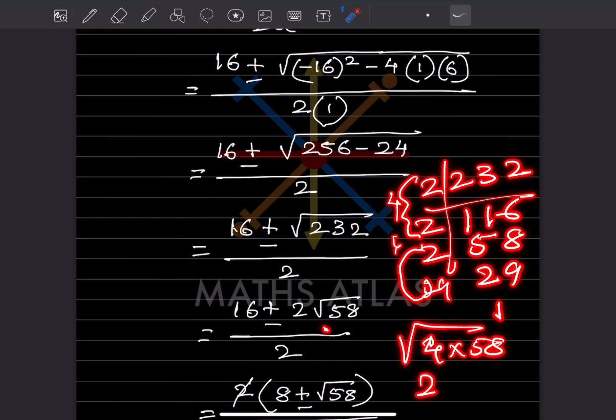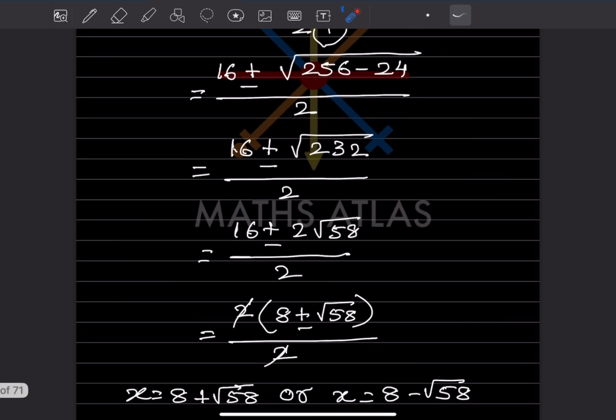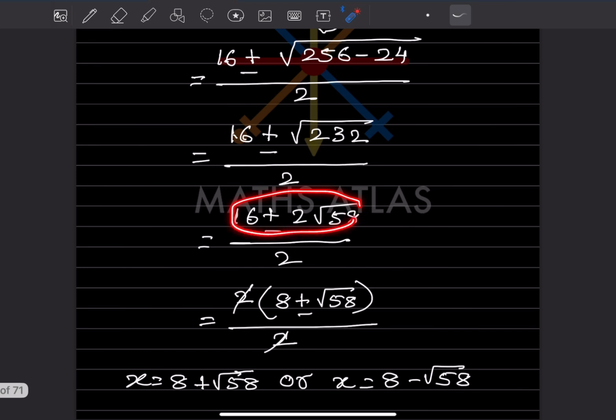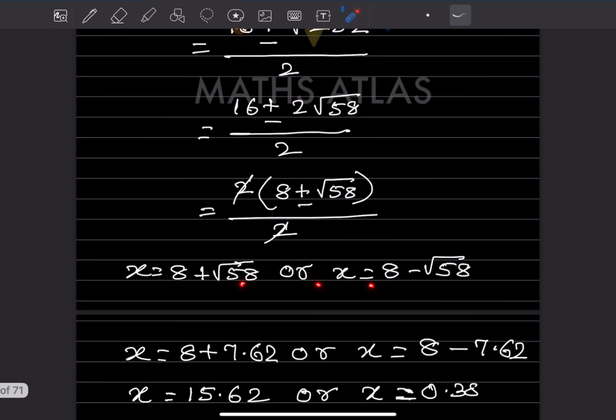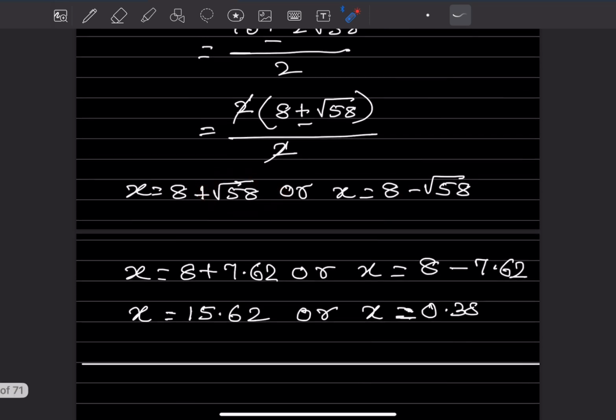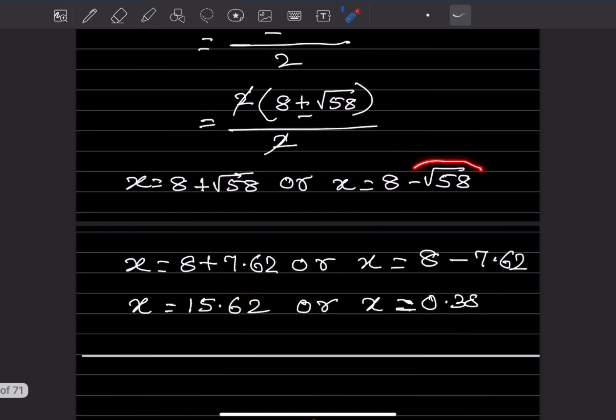You take the root of 4 outside, which is 2, and this is root of 58. So 2 root of 58 divided by 2. Now you can take 2 common, so it is going to be 2 into 8 plus or minus root of 58 divided by 2. The 2s cancel, so that will be x equal to 8 plus root of 58, or x is equal to 8 minus root of 58. Now root of 58 is 7.62 and minus root of 58 is minus 7.62. So x will be 15.62, or x will be 0.38.